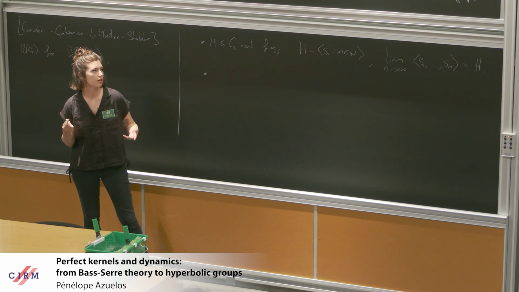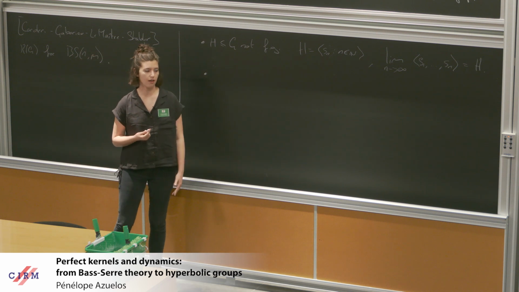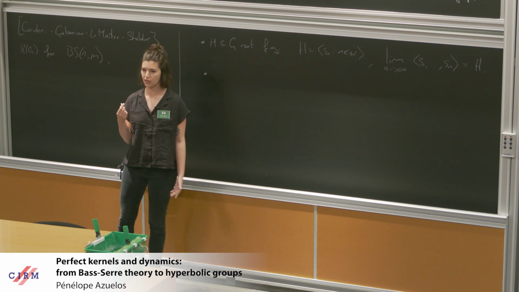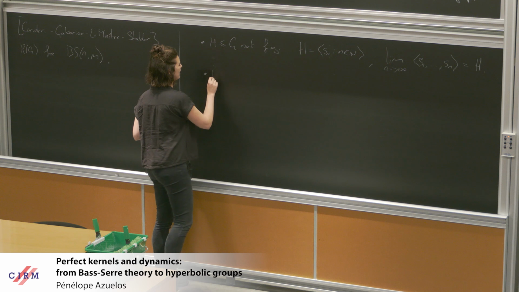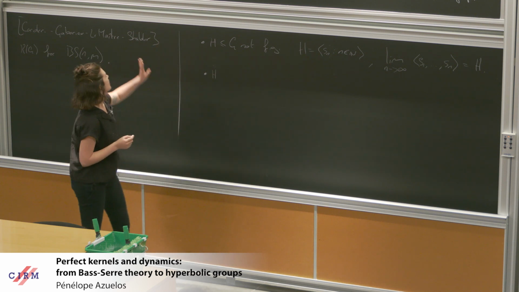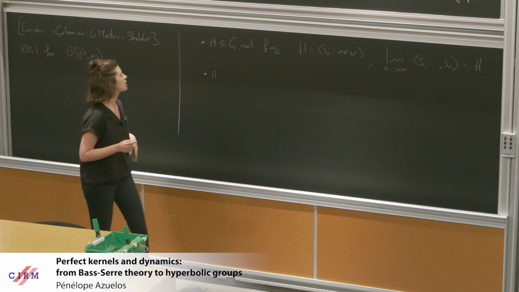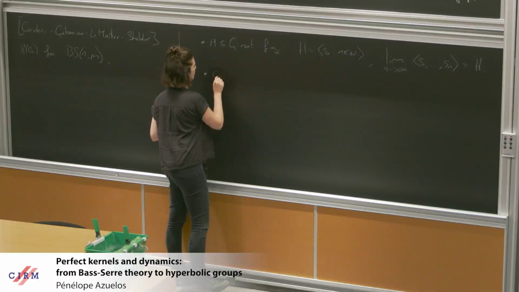This creates an initial problem: if your group is finitely generated and you take a finite index subgroup, then this isn't possible anymore. There's just not enough on the outside. So it turns out you can explicitly, using basically the same method as for Z, show that it's an isolated point.